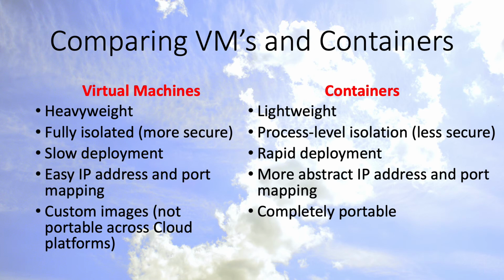Some of that may be because of certain commercial things, but it also is that they're not running the same hardware. And so you have to have custom images to run, for the hypervisor to run. Now, with containers, they're completely portable. And so you have far more versatility with containers. You're able to deploy everywhere with a container. It's very lightweight that way.